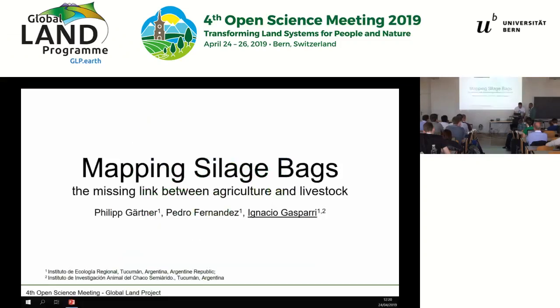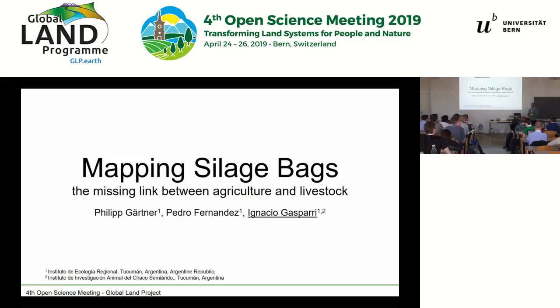Okay, just to talk a little bit about why we decided to map the silo bags. Silo bags are a technique to store grain, used a lot in South America, especially in Argentina.